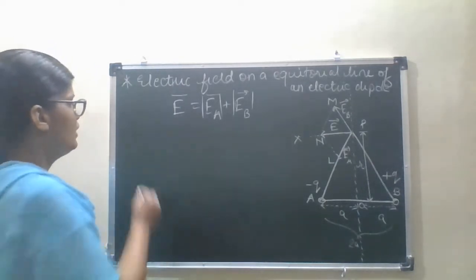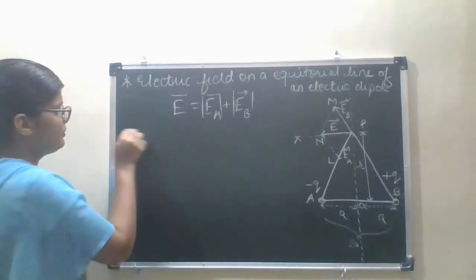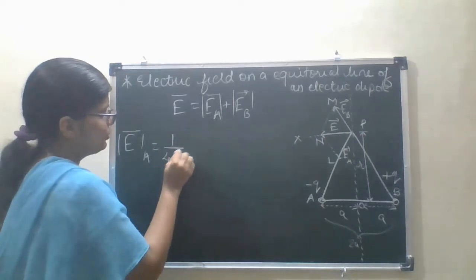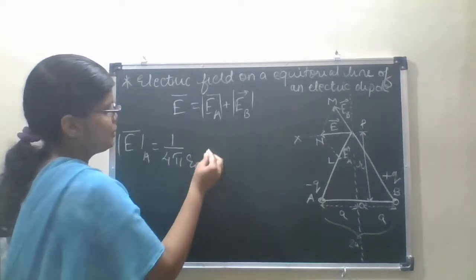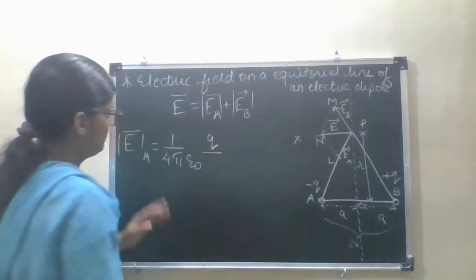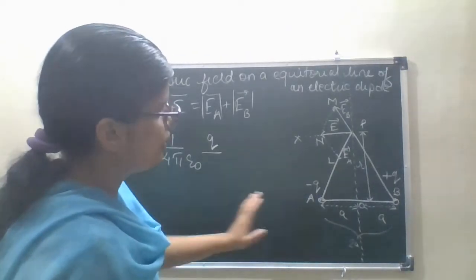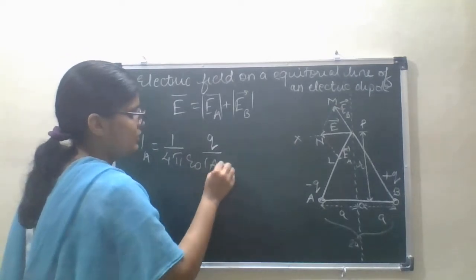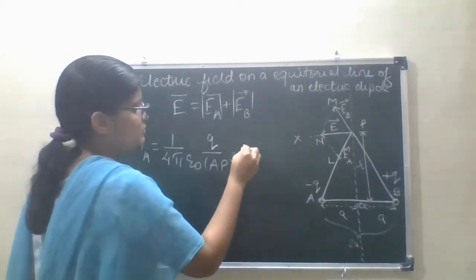What will you get? First we take the mod of EA, that is 1 upon 4 pi epsilon naught, q upon AP square.